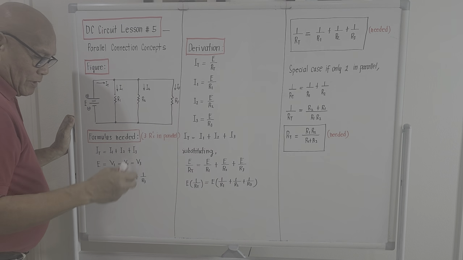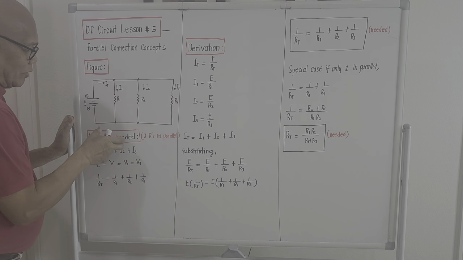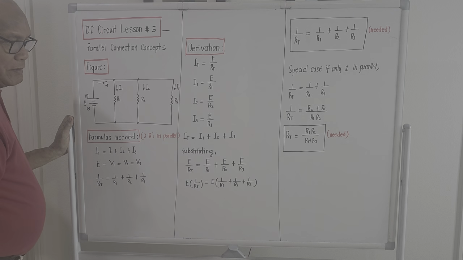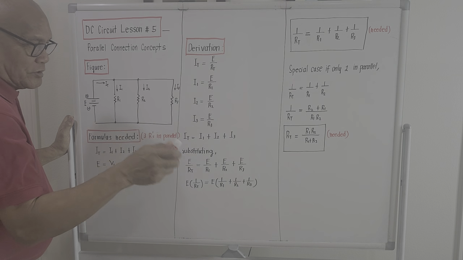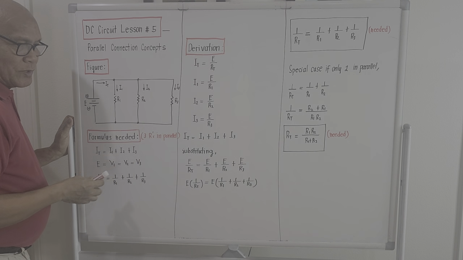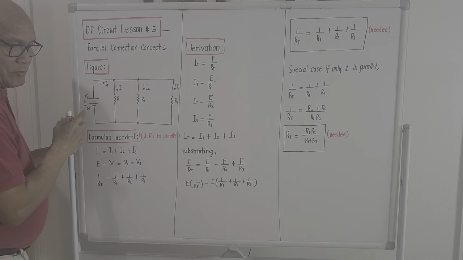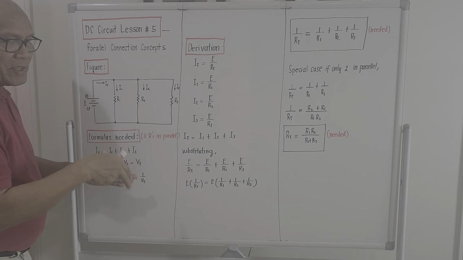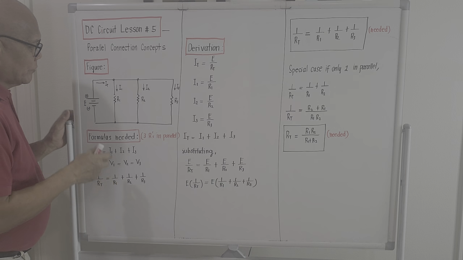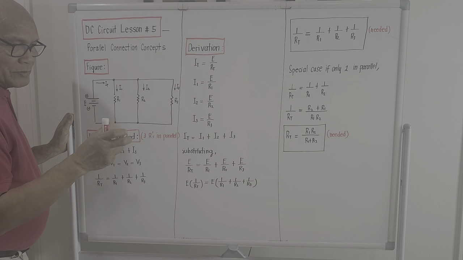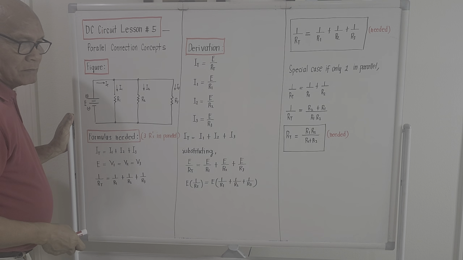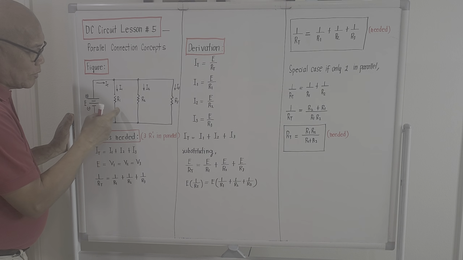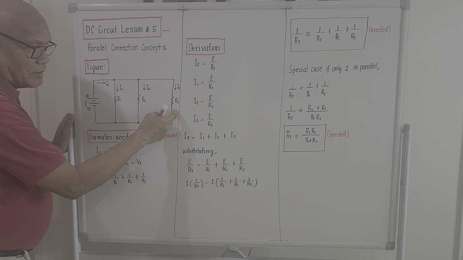The figure for a parallel connection will be this. This is the current circuit, so supposed to be the power supply is a battery, or a direct current generator maybe. And we are given three resistances in parallel. This is R1, this is R2, this is R3.